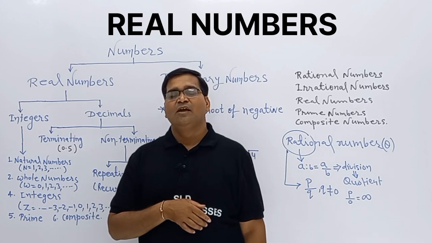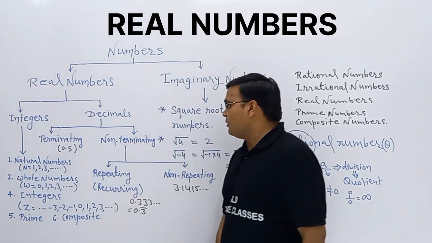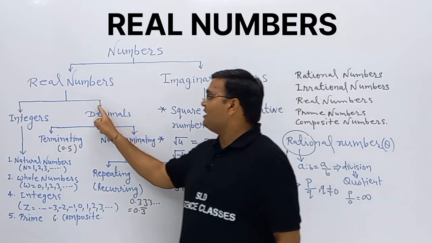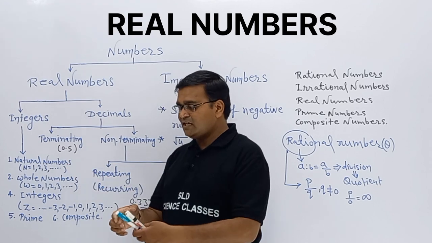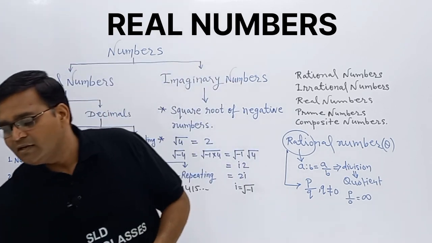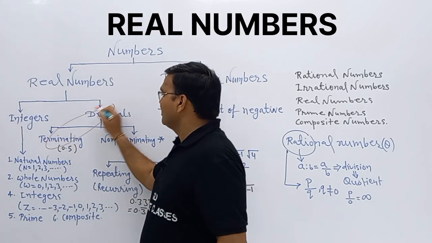So we can say all integers are rational numbers. Now next one, rational numbers have terminating decimal expansion.